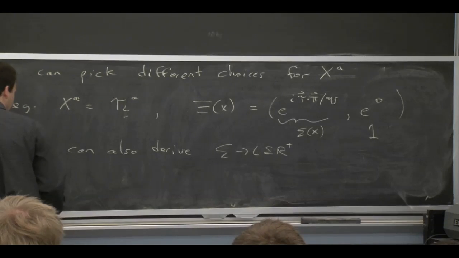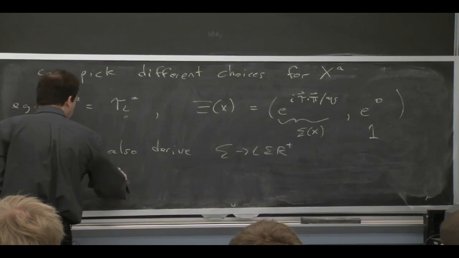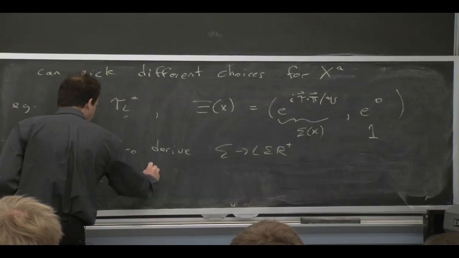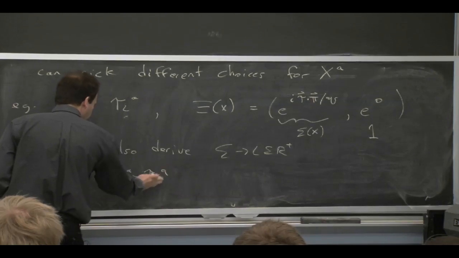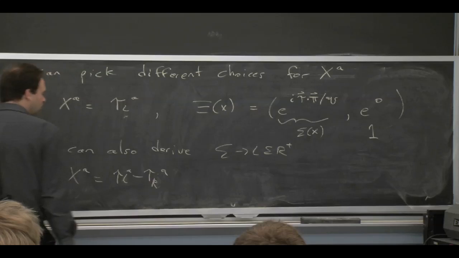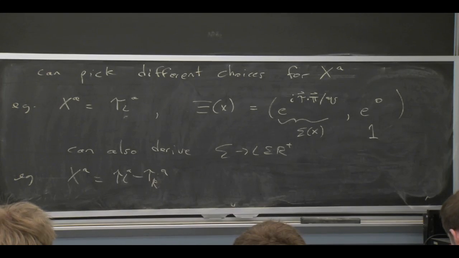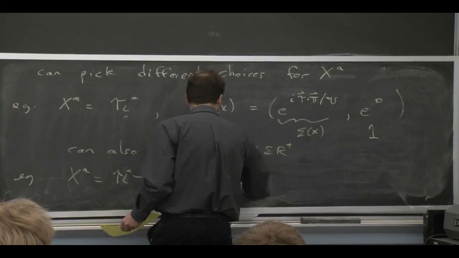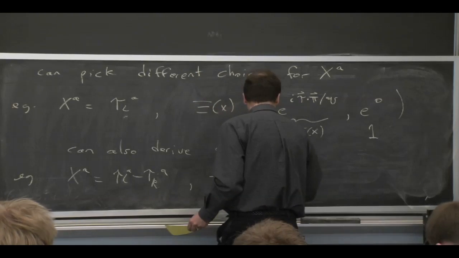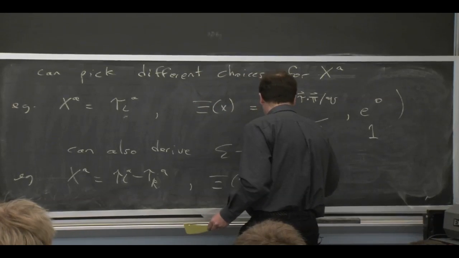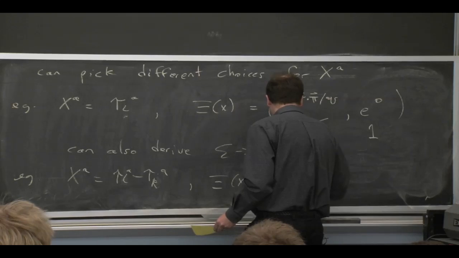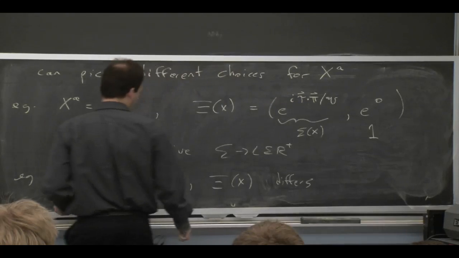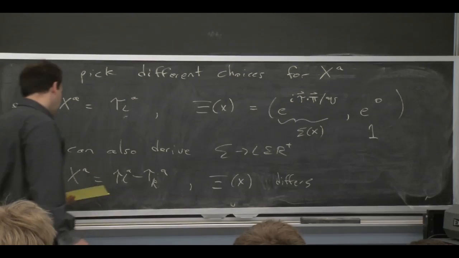So for example, you could pick X^A to be tau left^A minus tau right^A. That's another possible choice, and that would lead to a different field, but an equally valid parameterization of the coset. And this was actually also popular.